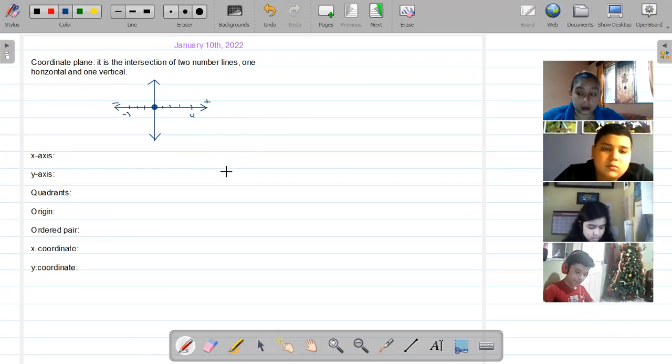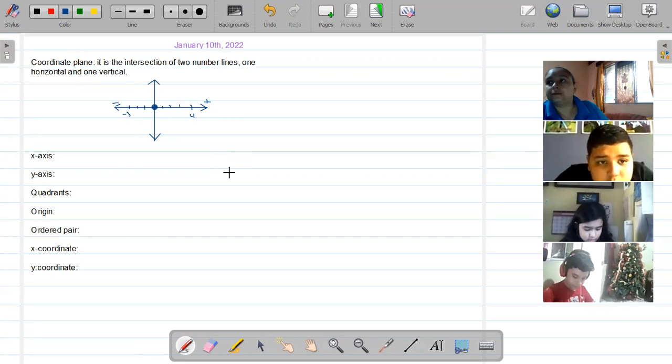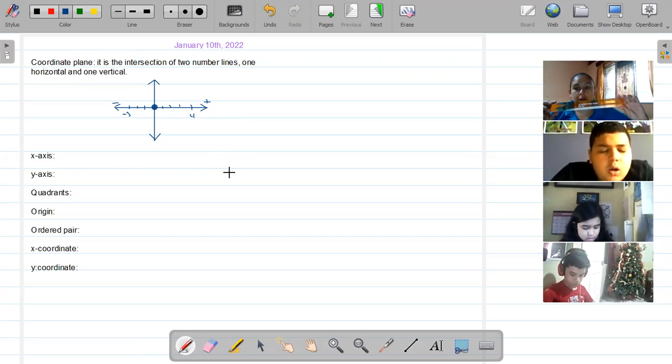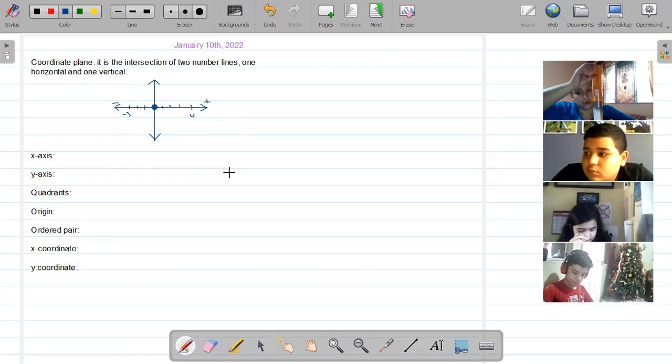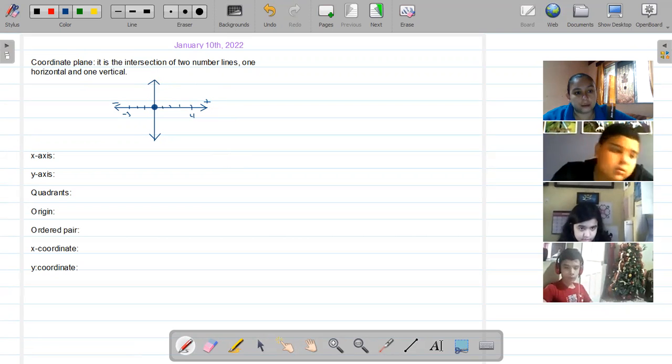Now, how do we do the vertical? Basically, we have the number line like this, and we are going to shift it or move it counterclockwise. In other words, in the opposite direction that the clock goes. Okay, so counterclockwise, we're going to move it like that, meaning that the positives are now going to be up here because positives were at the right.